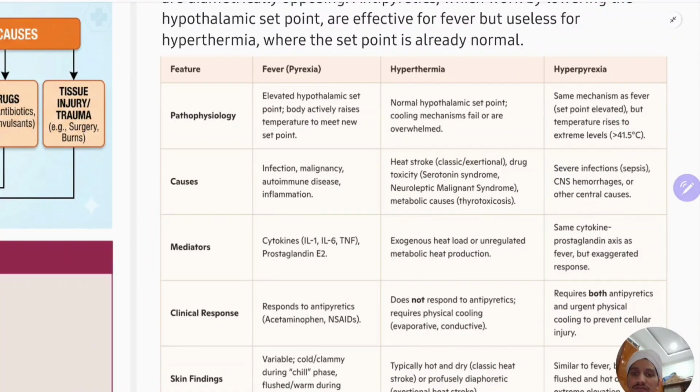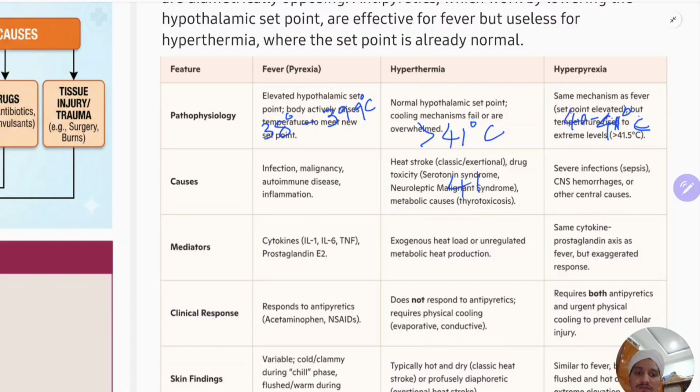And one important point to differentiate is fever will usually be between 38 degrees Celsius to 39.9. Hyperpyrexia will usually be between 40 to 41 degrees centigrade, whereas hyperthermia will be more than 41 degrees centigrade. So some variations are there.